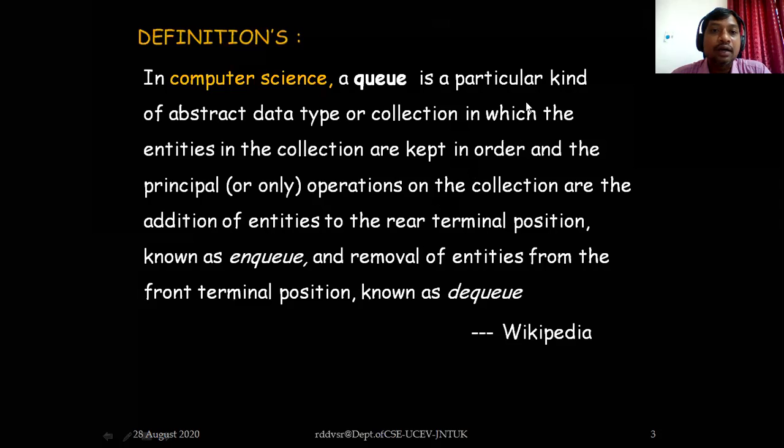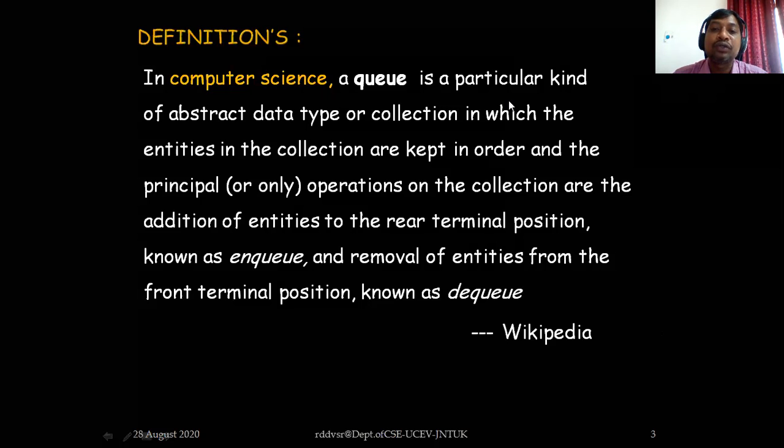In computer science, a queue is a particular kind of abstract data type or a collection in which the entities in the collection are kept in order and the principal operations on the collection are the addition of entities to the rear terminal position, known as enqueue, and the removal of entities from the front terminal position, known as dequeue. This is the classical definition from Wikipedia.